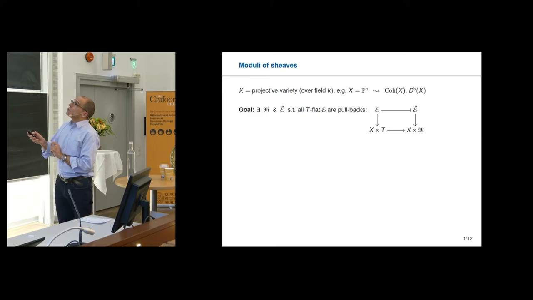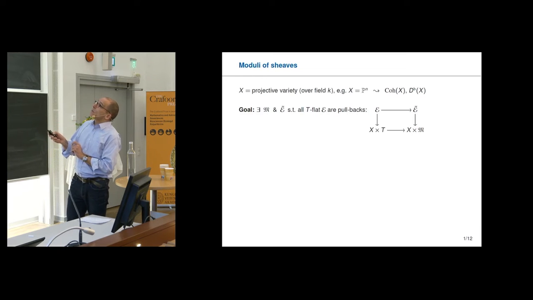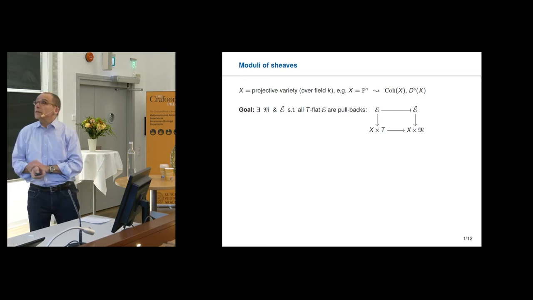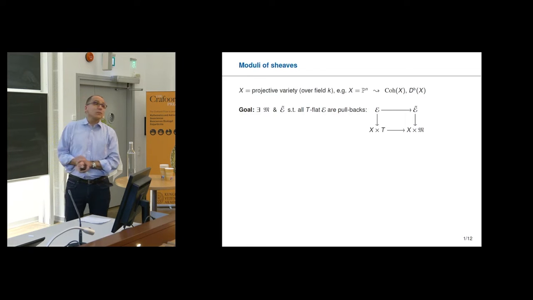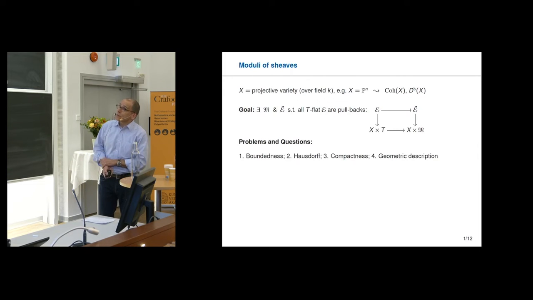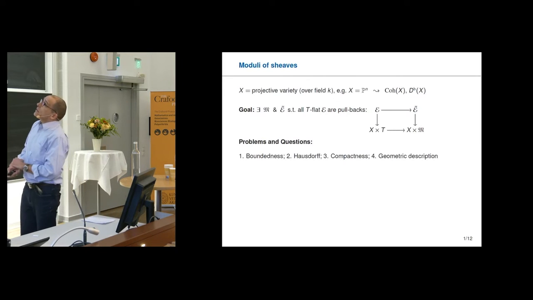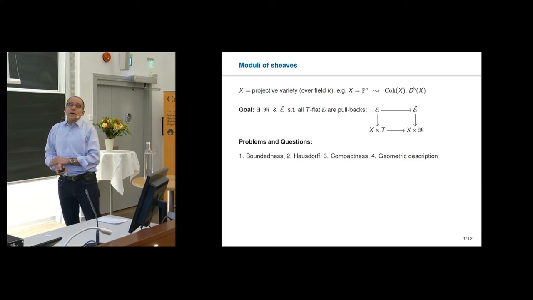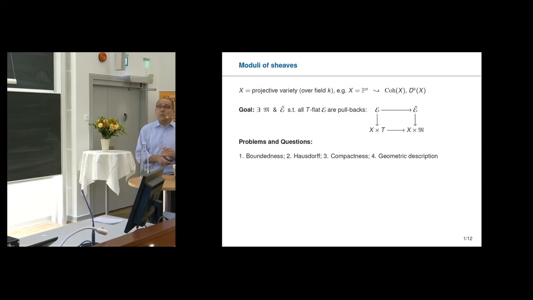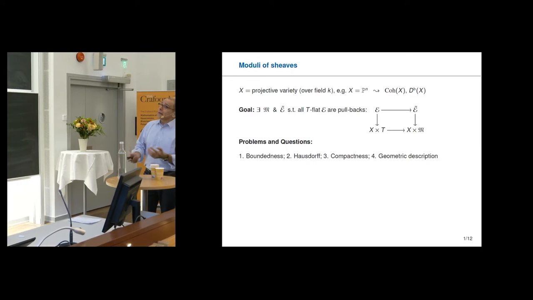It's not quite true because it depends a little bit on the field, because you might also have to parameterize sheaves that live on some bigger field than the original base field. So it's well known there are a couple of problems, but also interesting questions. Typically, unless the variety is just a point, there are too many sheaves for M to have any chance of being even locally a nice geometric object.